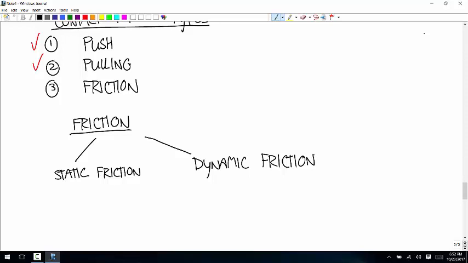The reason it's not accelerating is because the force that my finger's applying in that direction is counteracted by another horizontal force that the table's applying to this thing in the other direction. And they're exactly equal and opposite. So the thing doesn't go anywhere. Newton's second law says no acceleration.